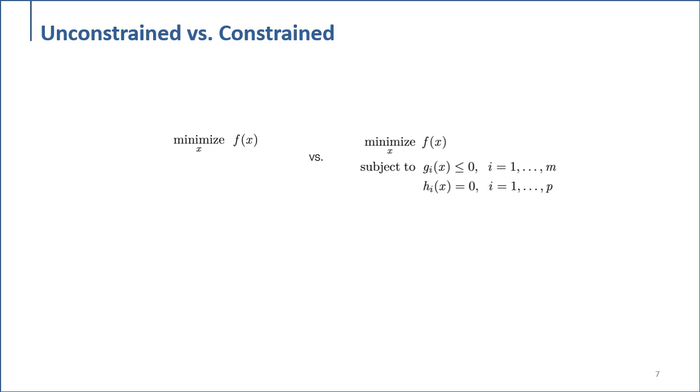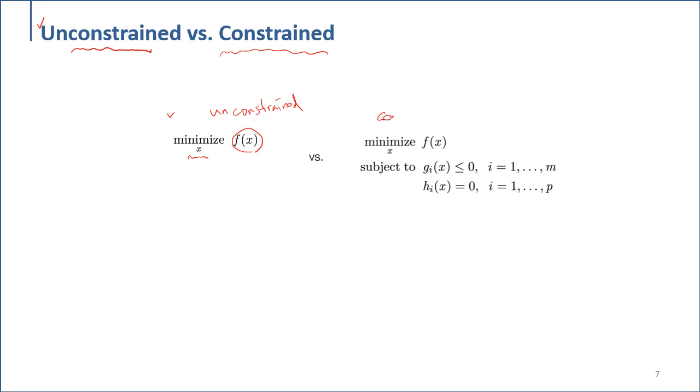And as I mentioned earlier, the constraints are not an essential part. Sometimes it can be an unconstrained condition, and sometimes it can be a constrained condition. As you can see here, this one is simply an unconstrained case where the objective function is minimizing f(x) for the decision variable x.